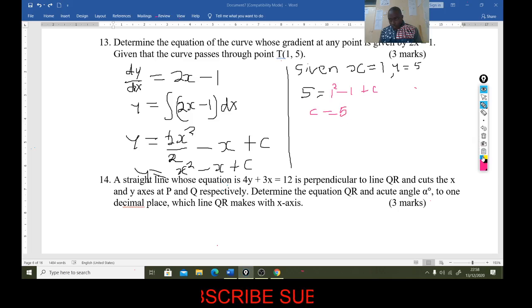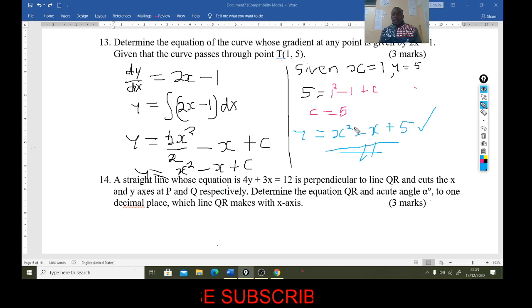So the equation becomes y equals x squared minus x plus 5. And this is what we are asked, that we find the equation of the curve.